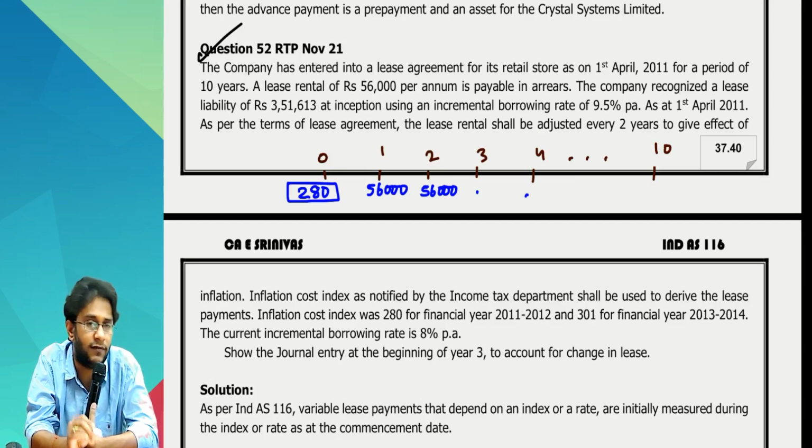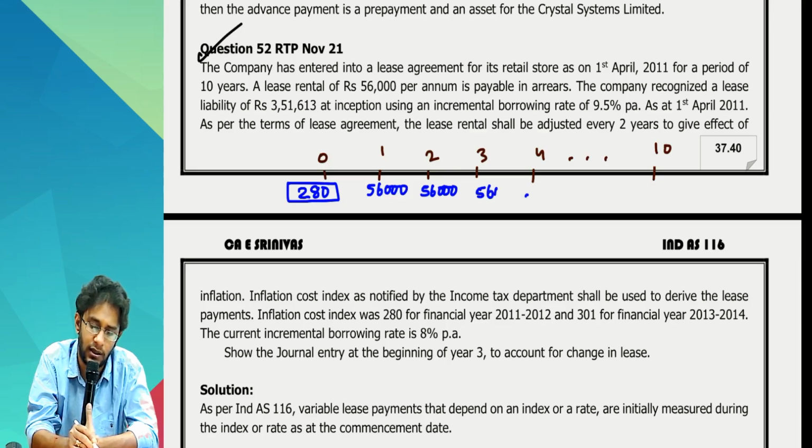But what would be the inflation index at the end of second year or at the beginning of third year, we wouldn't know today, and you are not allowed to predict also. What did our standard say? Do not predict anything. Whatever is the index that is there on 0 time, that is commencement date, use that only and consider the lease payments accordingly. So first day index is 280, so it is 56,000. So for all the years you will take only 56,000 and continue.